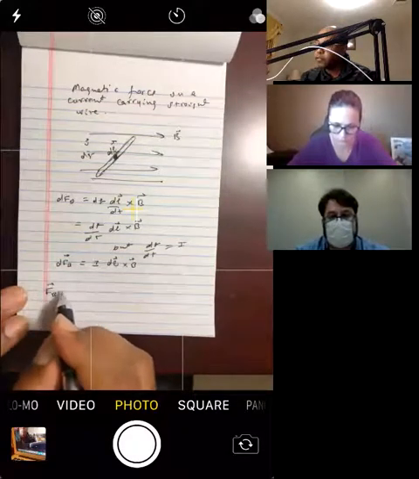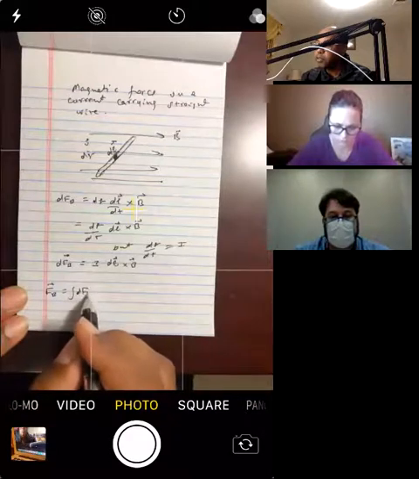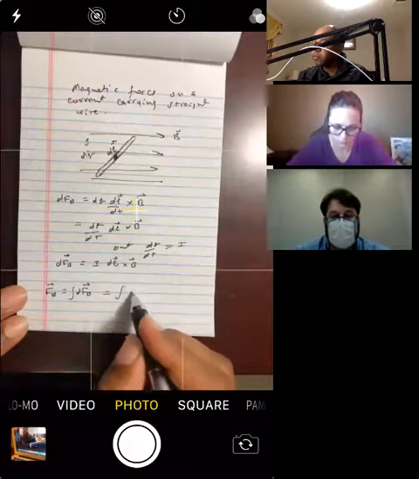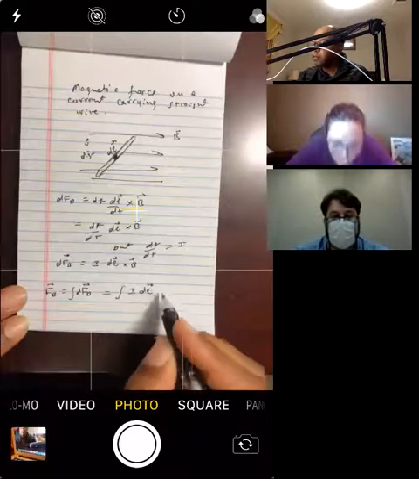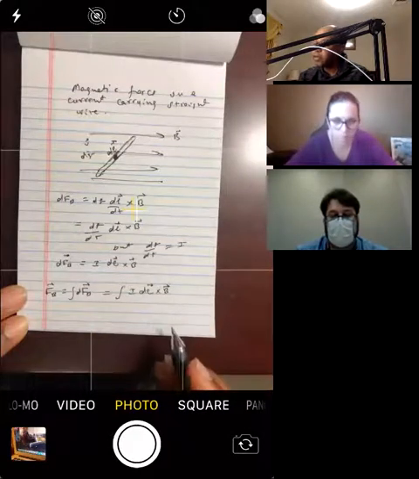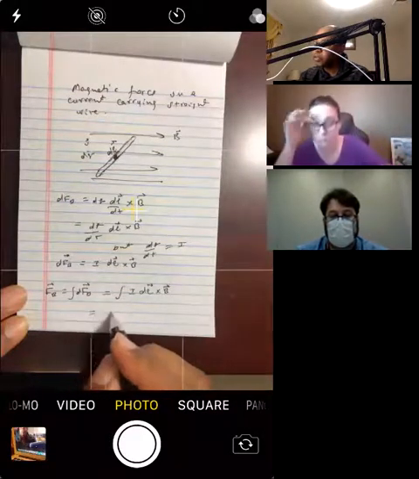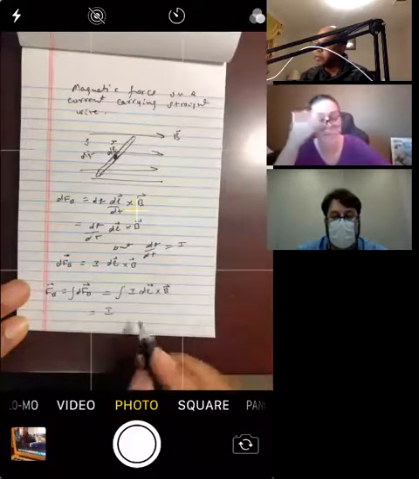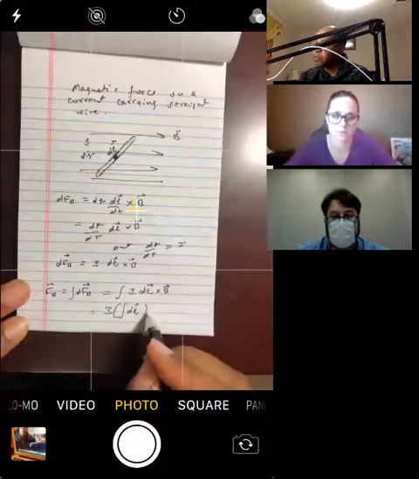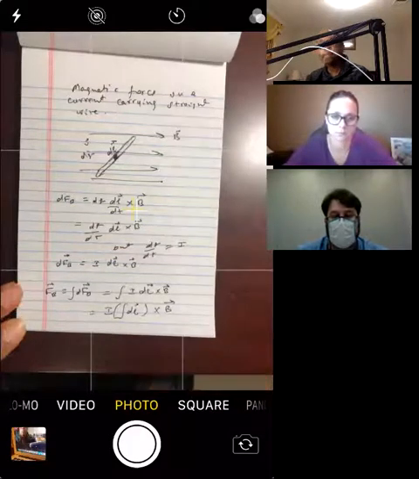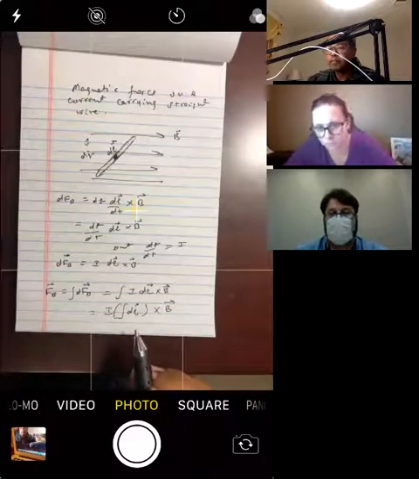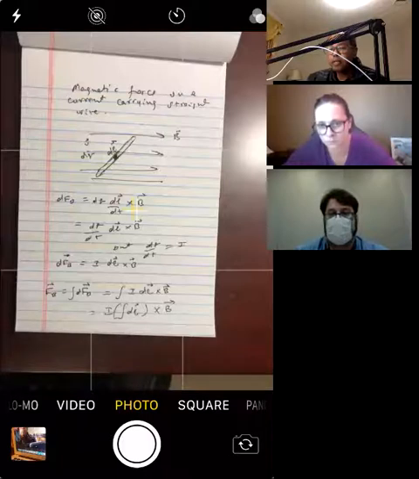The total force is the integral of dFB, which is the integral of I dl cross B. Now, if the current is constant, we can take it out: I times the integral of dl, and then cross B. What's the integral of dl? This is like dr. You just get delta L.